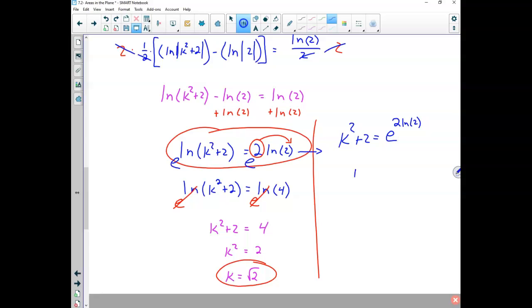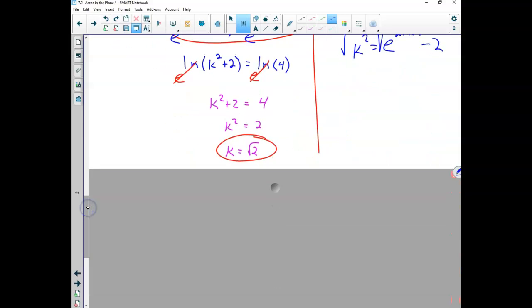Then when we subtract 2, k squared equals e to the 2 ln 2 minus 2. Then I square root that, and k equals plus or minus the square root of e to the 2 ln 2 minus 2. Well, remember, we're on the positive side, so we wouldn't have a plus or minus. We only want the positive one.